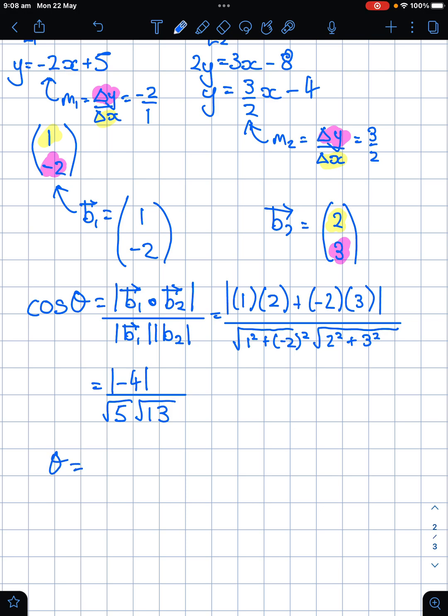So theta is going to equal inverse cosine of 4, we change it to a positive because it's an absolute value, over root 5 times 13, over root 65.